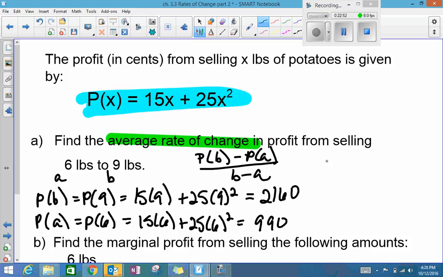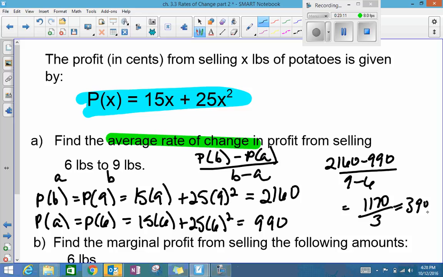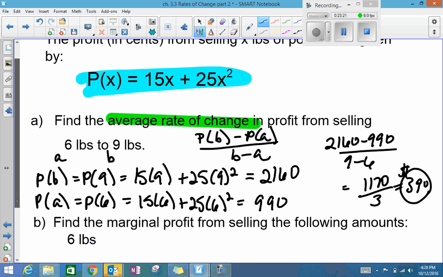So if we fill in our formula, 2160 minus 990 over 9 minus 6 equals 1170 over 3, which equals 390. So the average rate of change of profit between selling 6 to 9 pounds of potatoes is $390. Okay? So that's how much on average the profit changes.